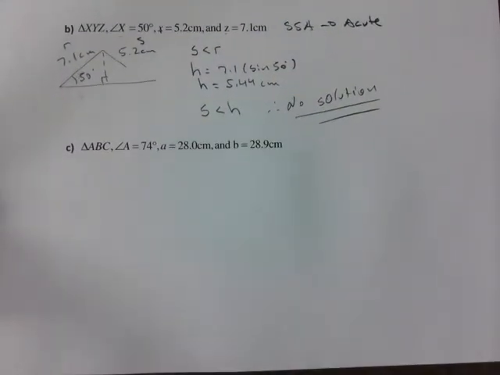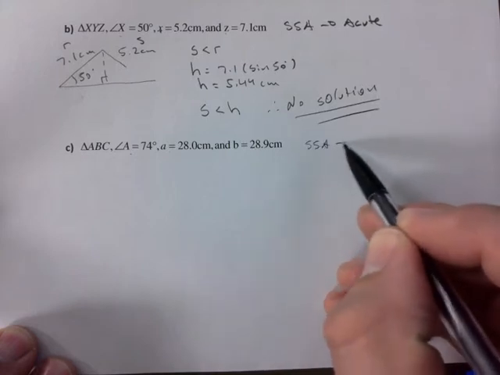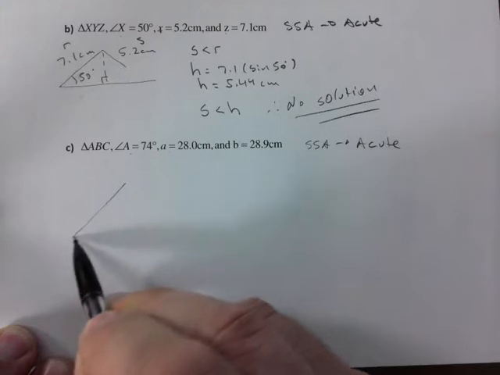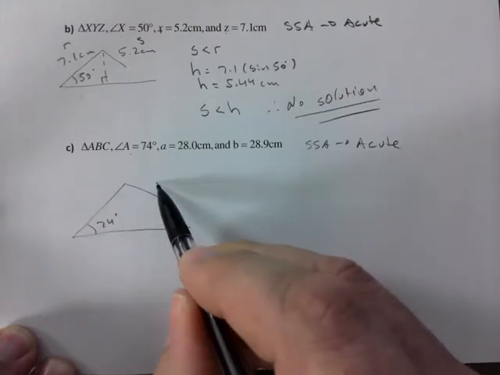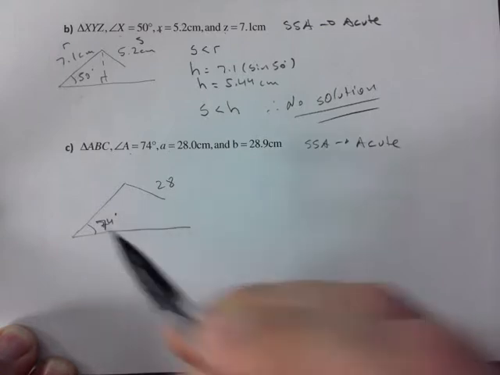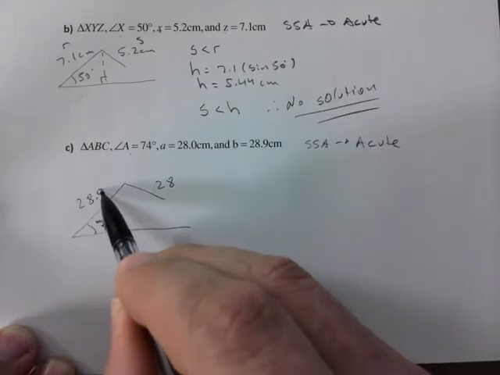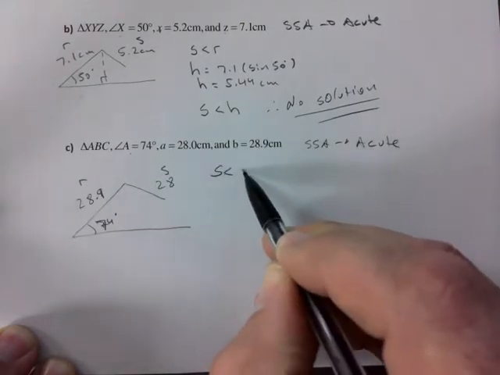So there. And then last but not least, A and A, that's SSA, right? And we are dealing with an acute scenario again. So 74 and 28. Okay. And then this would be 28.9. So rod and string, right? String is shorter than the rod.